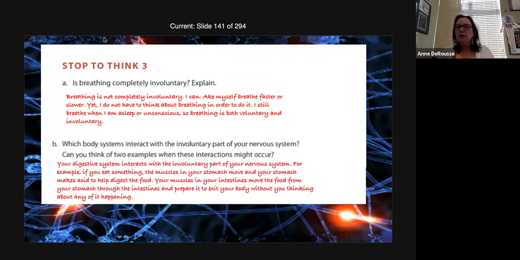The chemicals come from my stomach automatically. But you could have said the circulatory system because your heartbeat is regulated, your blood pressure. So really, you could have said any system and had many examples.